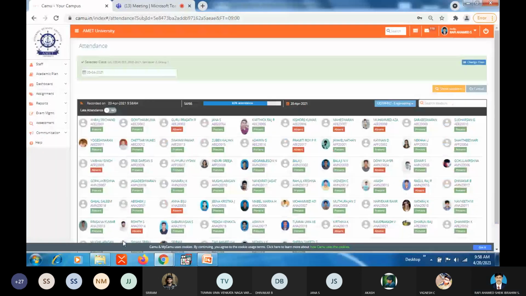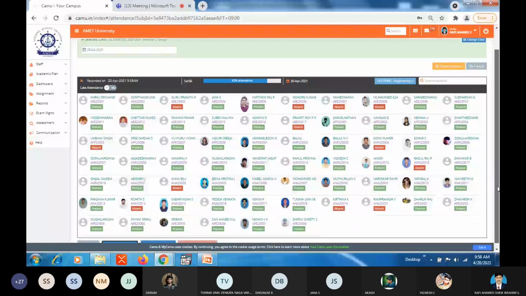From Naval Arc, Anne Baiju absent. Rohit absent. Kirtika absent. Ram Prasad absent. 4 students absent from the Naval Arc department. Mohammed Azan present, sir.